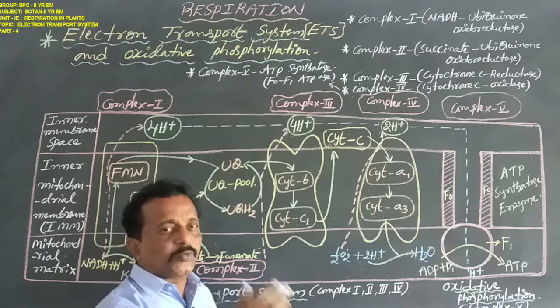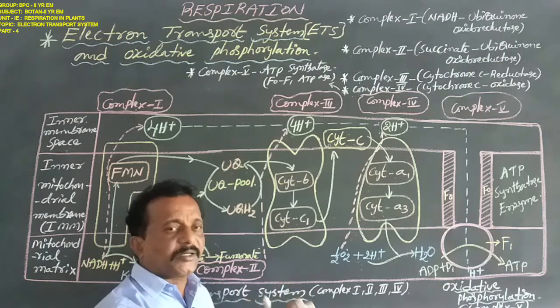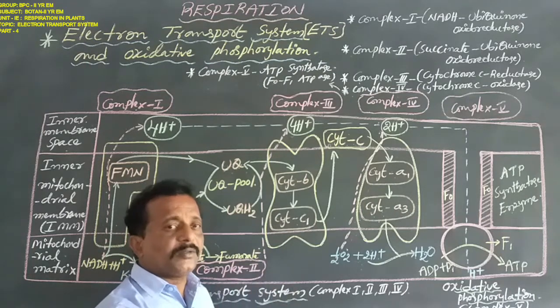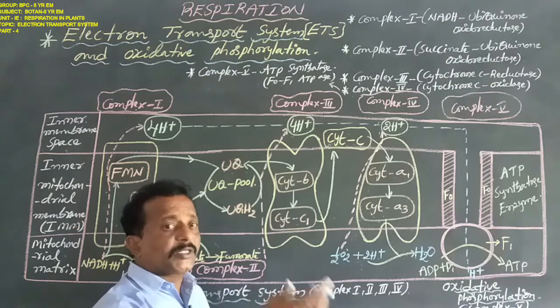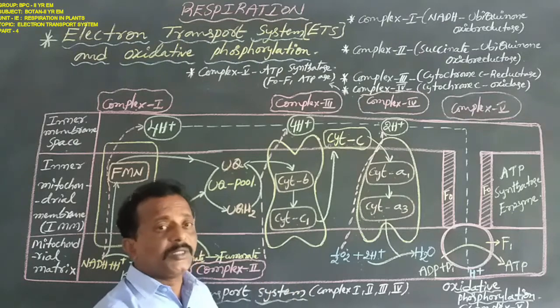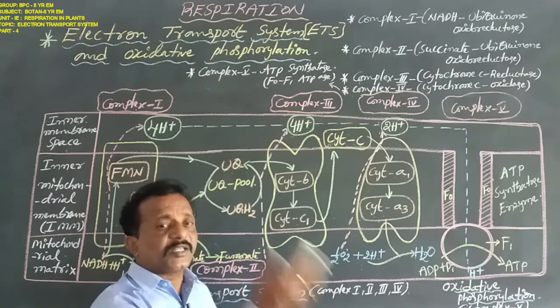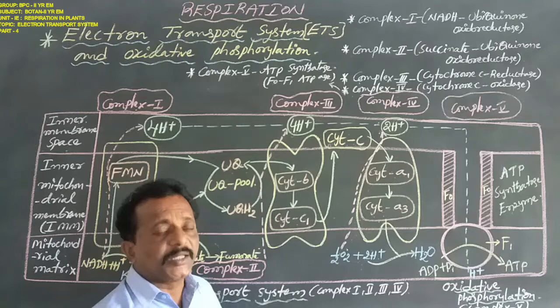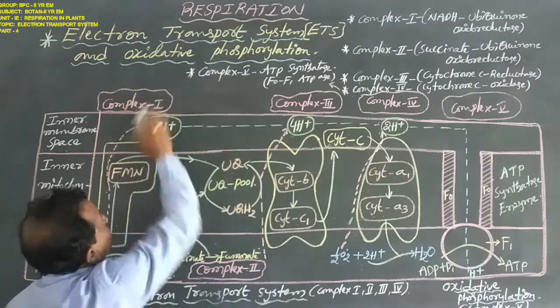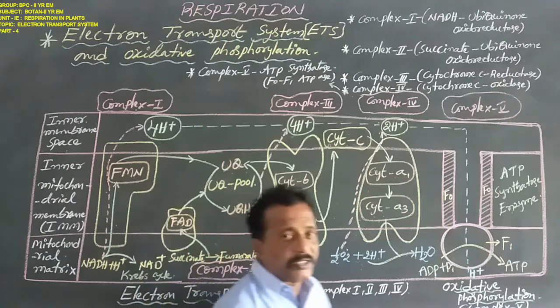Complex 5, however, is not used in the electron transport itself but only in the synthesis of ATP molecules, that is oxidative phosphorylation.